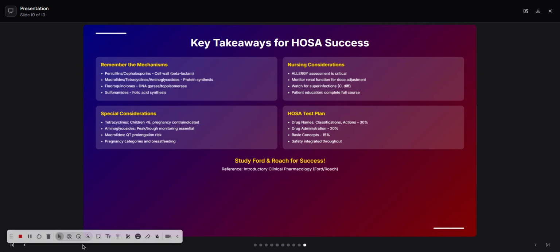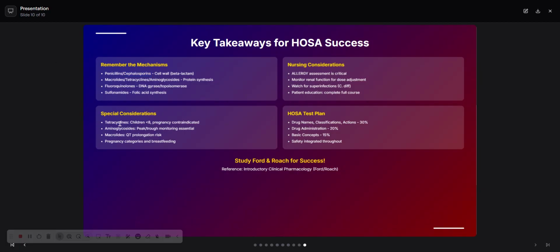Okay, that's basically it for antibiotics. And remember, this is just an overview of the main stuff, but in reality, you should be just reading the book. Okay, sorry about that. But basically, this is all the key things you have to learn. These are the mechanisms.